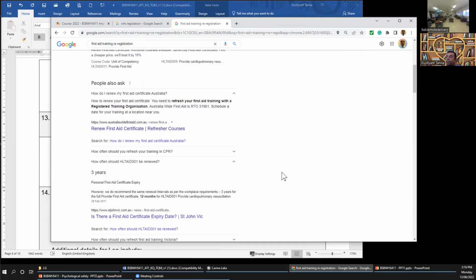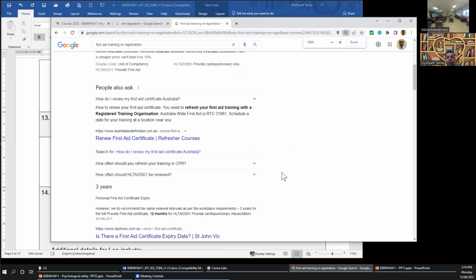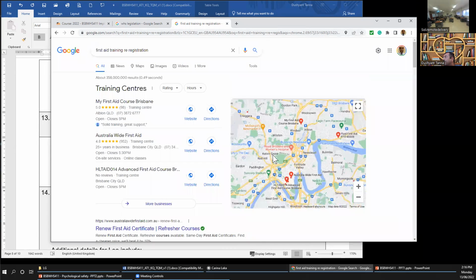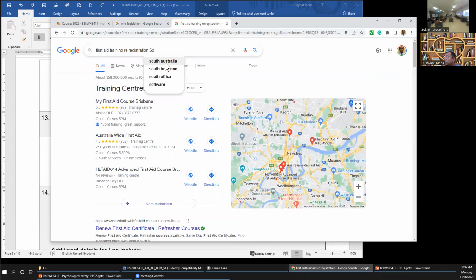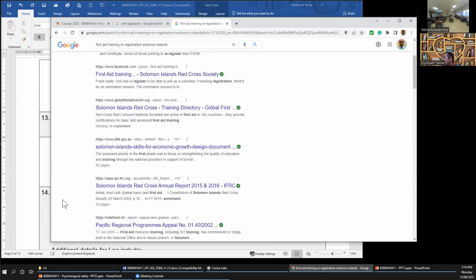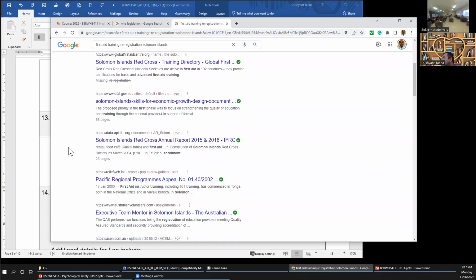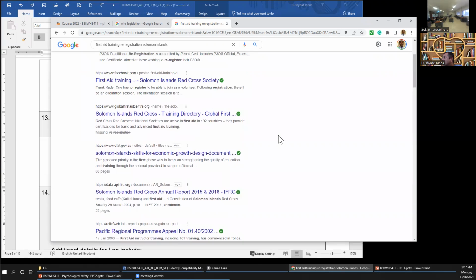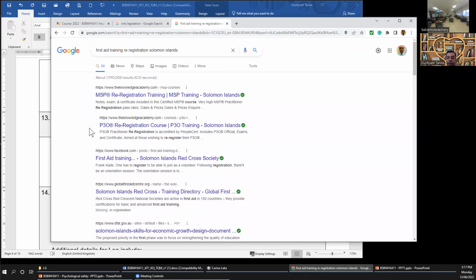Three years. Yeah, 3 years in here. Not sure, but I'm sure it should have some expiry, you know, and then you have to re-register. Oh, there it is. Training directory, that's fine.